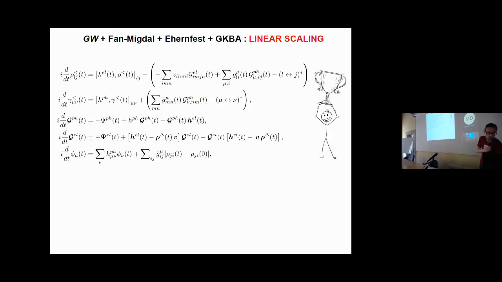Very good. So just to summarize, these are the equations of motion that we have to solve. There are five objects: the electron density matrix rho, the phonon density matrix gamma, the Ehrenfest field phi, and the two higher order Green's functions G. But the scaling is linear.